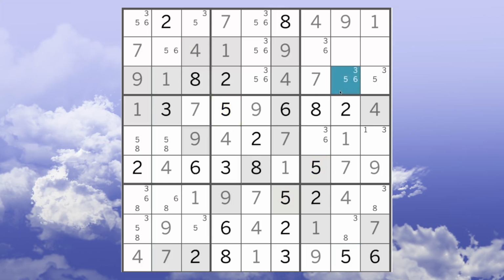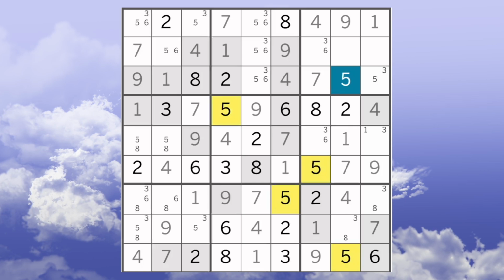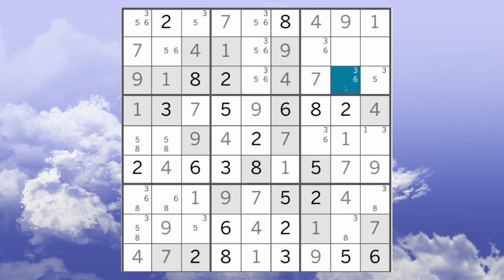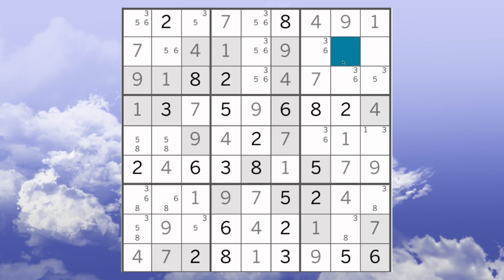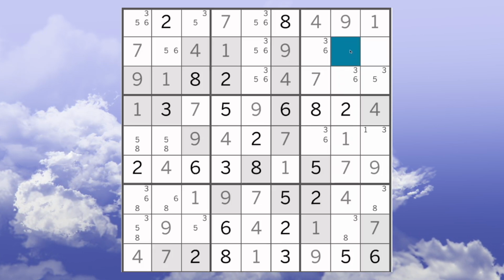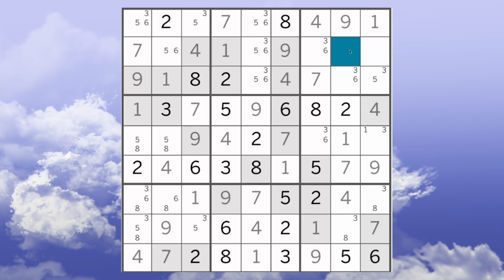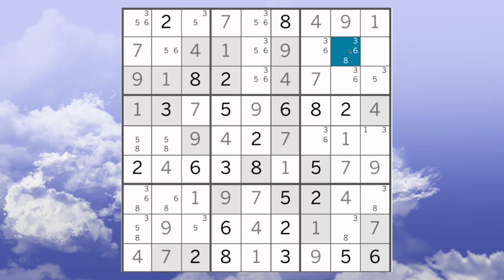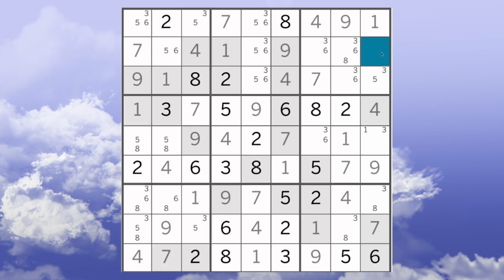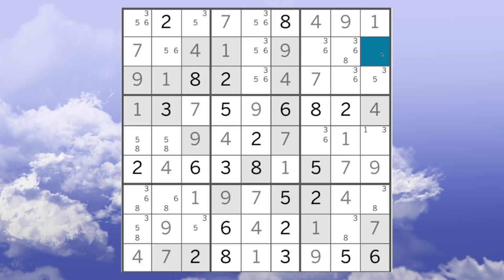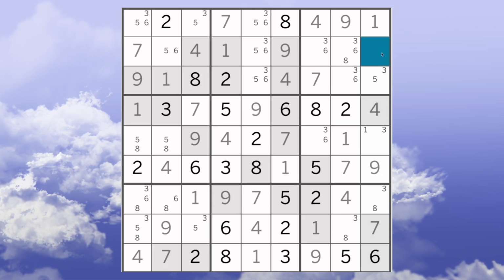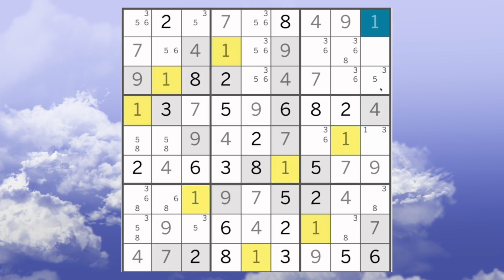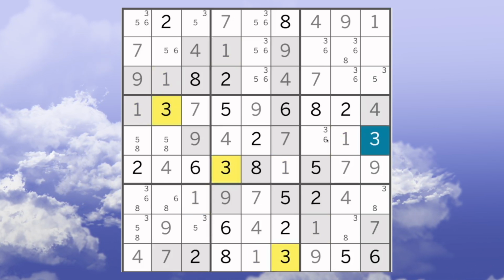That 5, that can't be a 5. What am I meant to do? Get rid of that 5. So in this column, we're needing a 3, 6, 8, and that center one can be either. Let's finish here. So we need a 1, 3, 5, and 8. That one can't be a 1 because of that one anymore. So that has to be a 3.